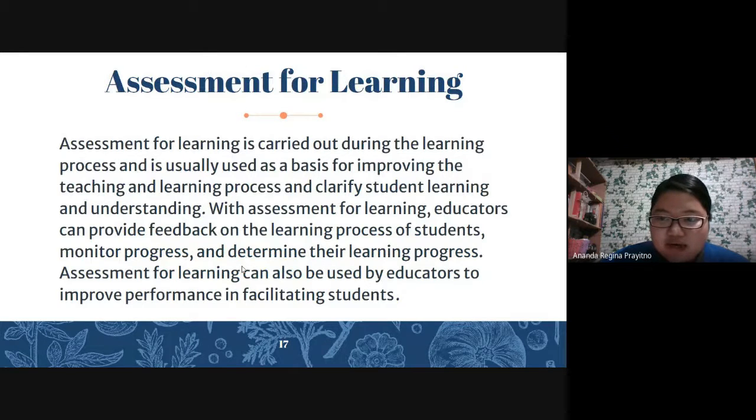Assessment for learning is carried out during the learning process and is usually used as a basis for improving the teaching and learning process and clarifying student learning and understanding.